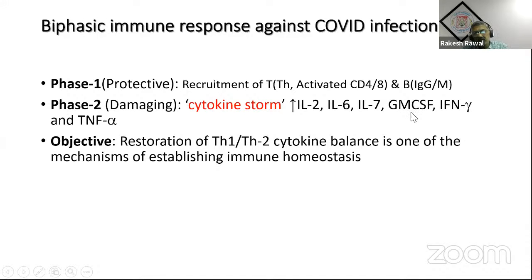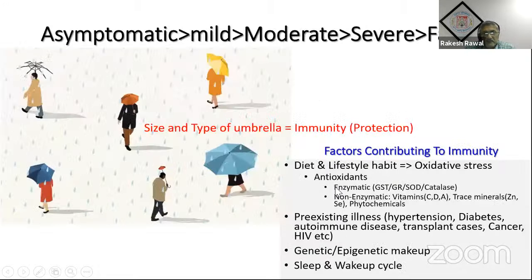They make life miserable, and ultimately the person succumbs to death. So the objective, in the perspective of managing the immune response, is possibly restoration of Th1, Th2 cytokine balance, which is one of the mechanisms of establishing homeostasis.